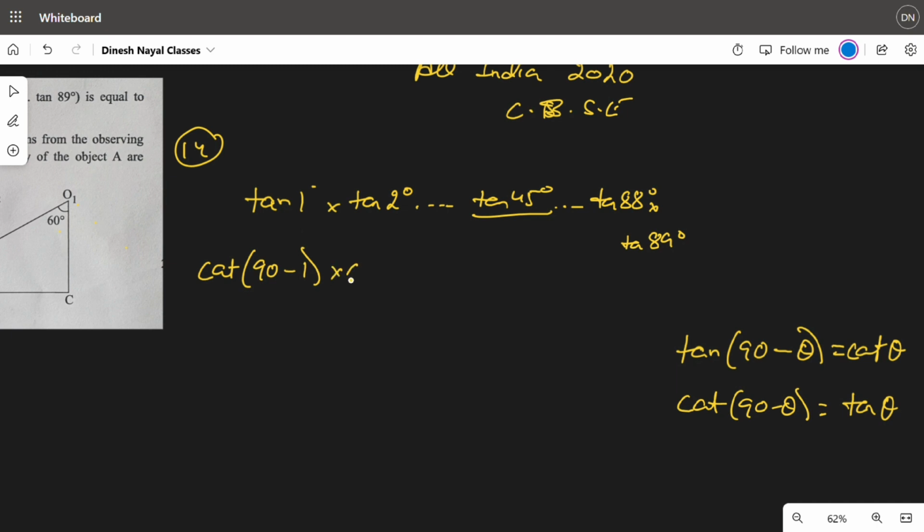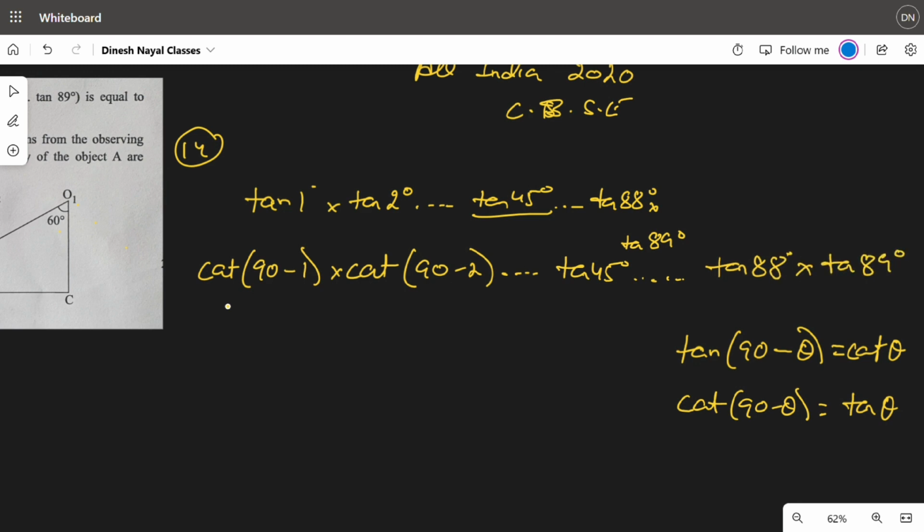Similarly, this you can write as cot 90 minus 2, and so on. This will be tan 45. No need to touch this because we know the value of tan 45, and so on up to tan 88. Leave it like this, tan 88 into tan 89.